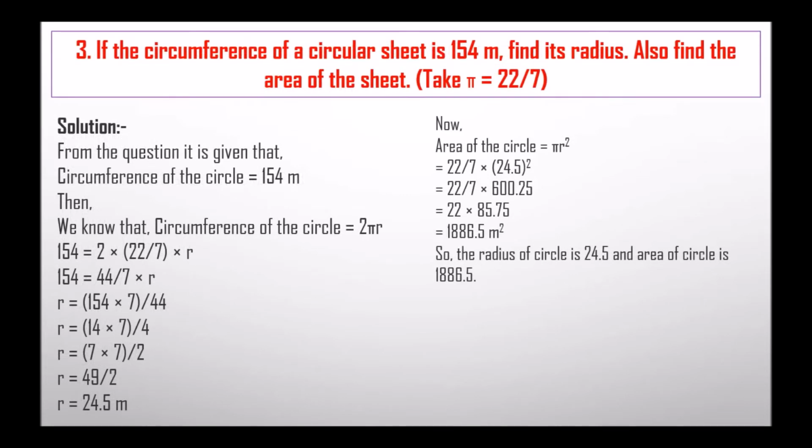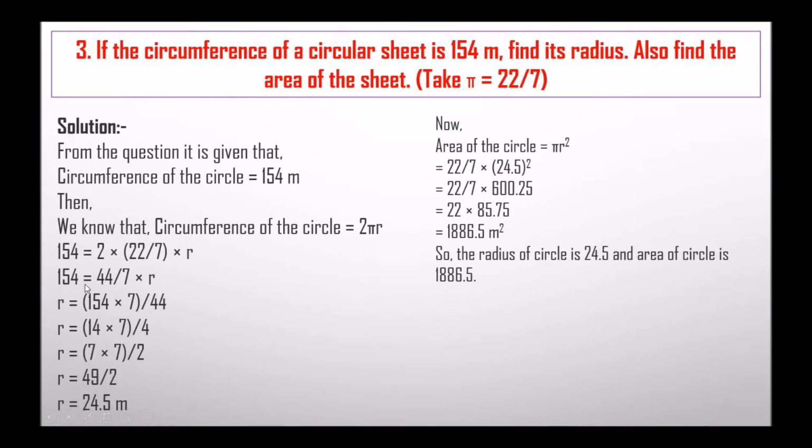Third question, if the circumference of a circular sheet is 154 meter, find its radius. Also find the area of the sheet. Take pi equals to 22 upon 7. Circumference is given 154 meter. So circumference of a circle equals to 2 pi r. So 154 equals to 2 into 22 upon 7 into r. Here 2 into 22 is 44 upon 7.